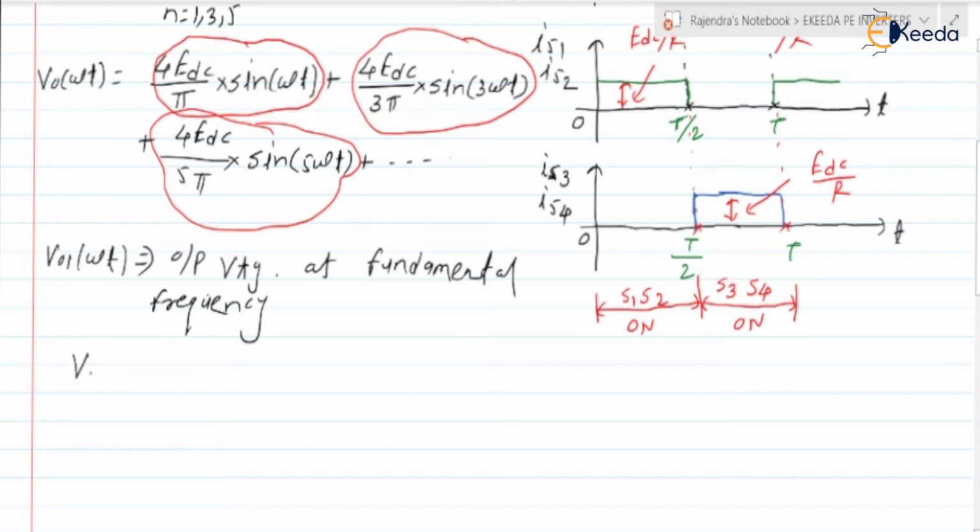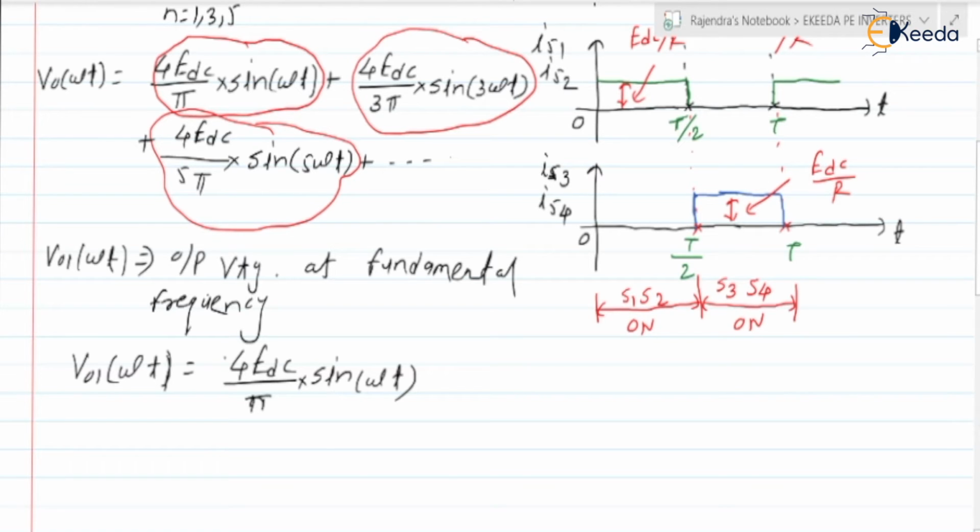So we can write v01 of omega t is nothing but v0 of omega t at n is equal to 1. So it is equal to 4 EDC divided by pi into sine of omega t. This is the fundamental component, and it is a sinusoidal one.